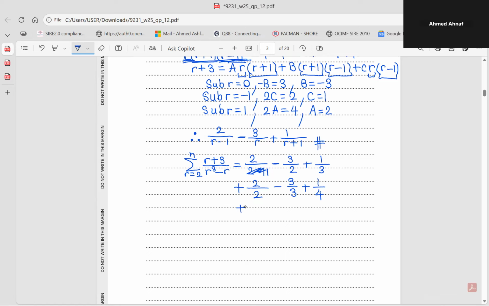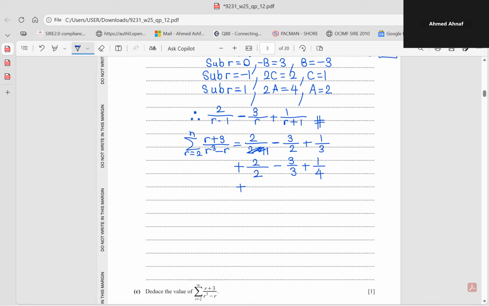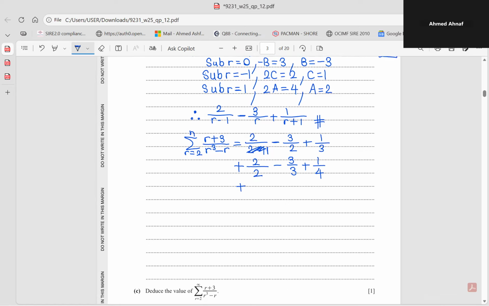Okay, let's continue. So for r equals 4, we have 2 over 4 minus 1. That's 2 over 3. Minus 3 over 4 plus 1 over 4 plus 1, which is 5. Okay.